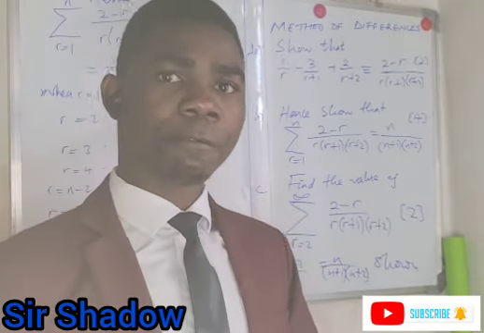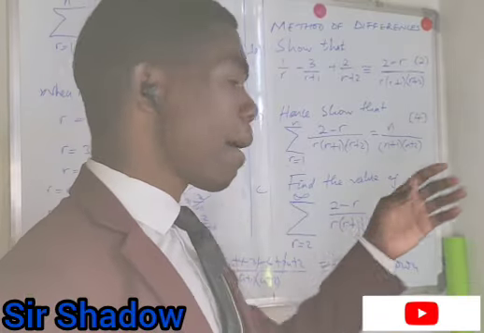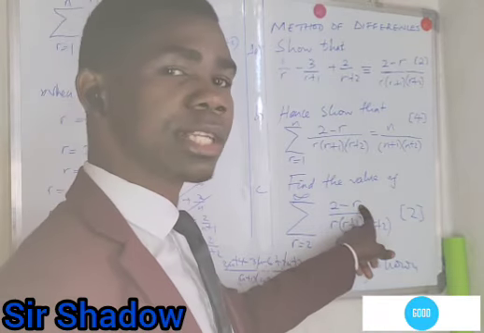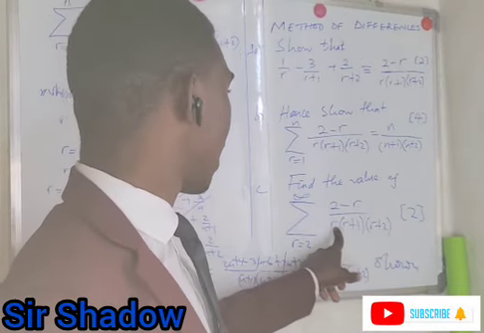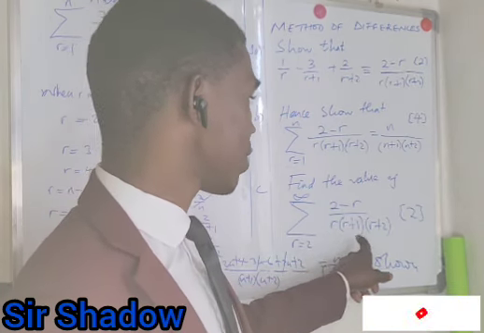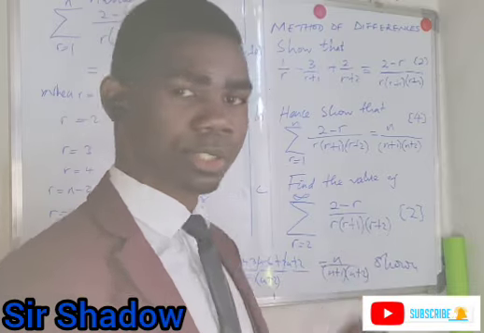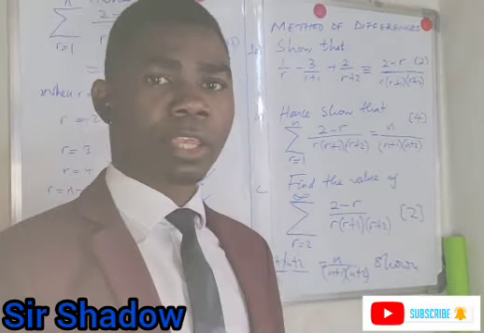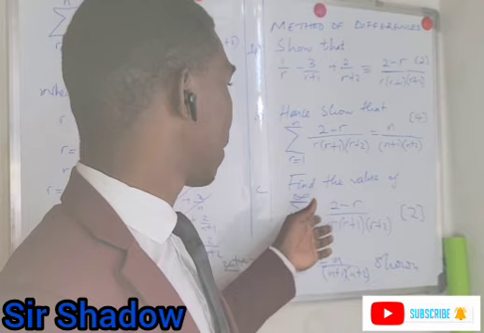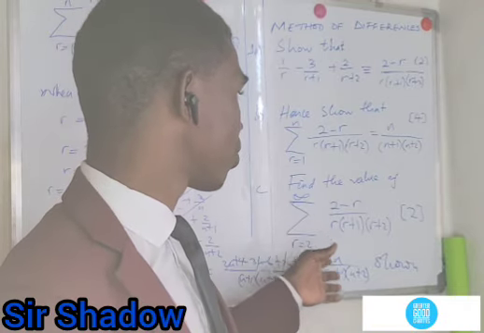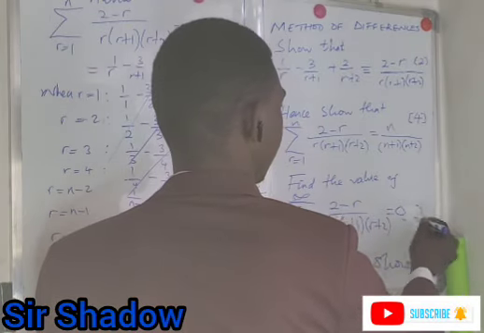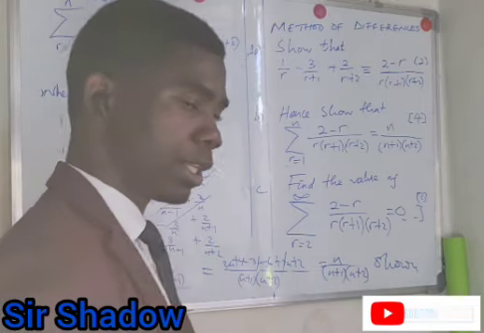So for the infinite value, if you substitute the value of r by that small value, which means if you say 2 minus 0.0000000 all over r, which is 0.00001, open bracket 0.00001 plus 1, open bracket 0.00001 plus 2, if we simplify that expression, the value of the sum with upper limit infinity, lower limit r equals 2, is approximately 0. It becomes 0 here. Right. This is how to find the infinite value.